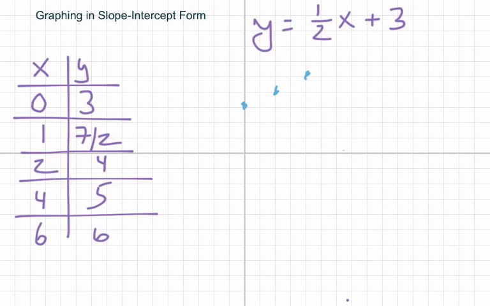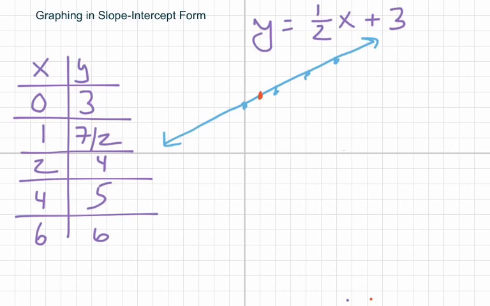Notice that the point with the fraction in it is still on the line. It's 1, and then about 3.5, so it's right about there. My line is sitting a little bit too high; it should be down a little bit. It's just not a great point to graph because you have to estimate where it is.